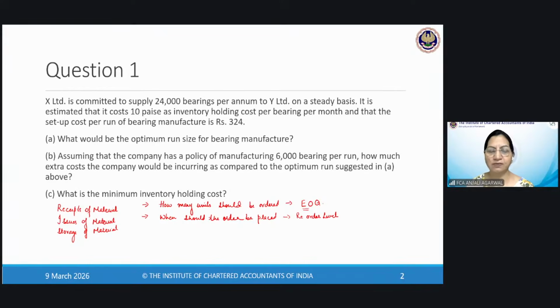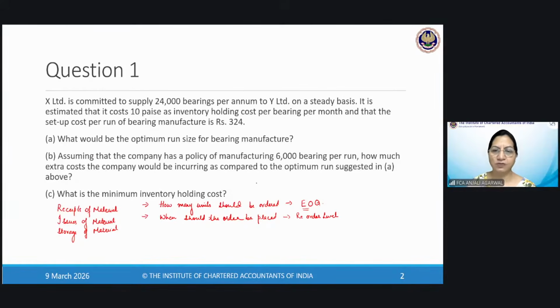If you can answer this question also, then we say that you have taken the right decision, that you are placing your order exactly at the right time. So these two questions become very important, and practically these two are very important from the exam point of view also. You should be able to solve these two types of questions for the material cost.